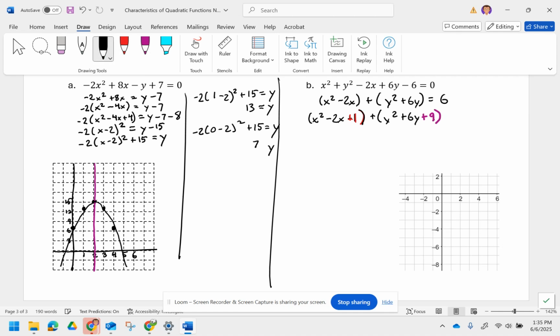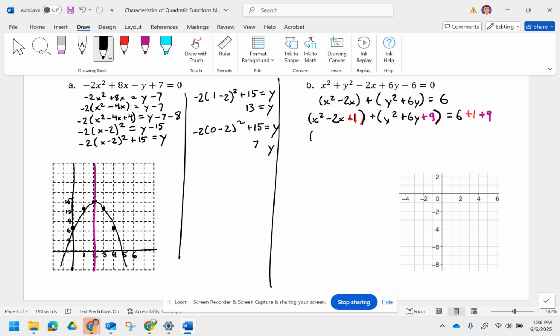Let's actually end that this way. So I need to make sure that these numbers that I've added here on the left get represented on the right as well. So I'm going to need to have my 6, but also the plus 1 and the plus 9.